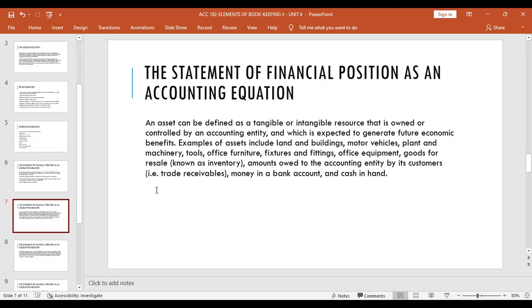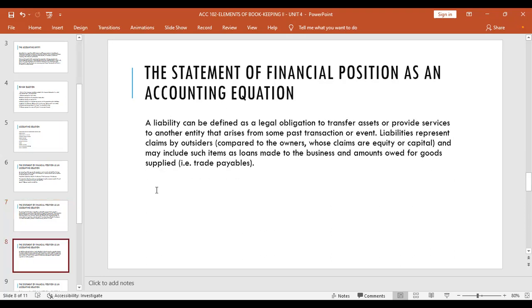But current assets are assets whose value they can give you cannot exceed one accounting period, like cash, for example, inventory, prepayment. So we call these current assets. So asset basically is a resource controlled by the business entity that is expected to generate future economic benefits. Then you have liability.